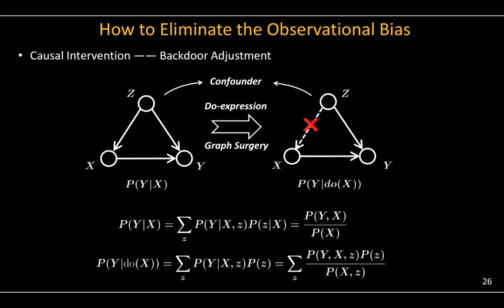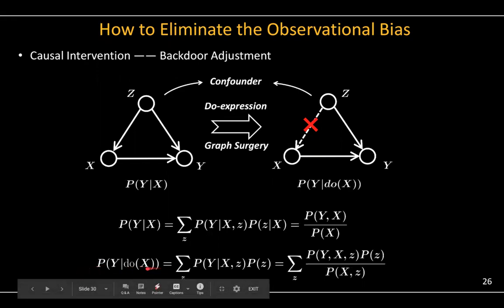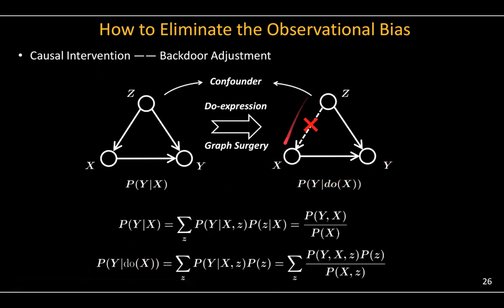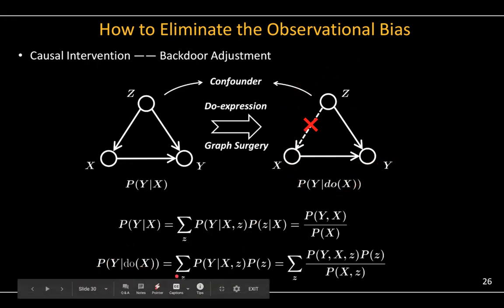That's the do calculus. After we use the do calculus, the causal graph becomes the right one, and if we write down the probability of this graph, it becomes this.